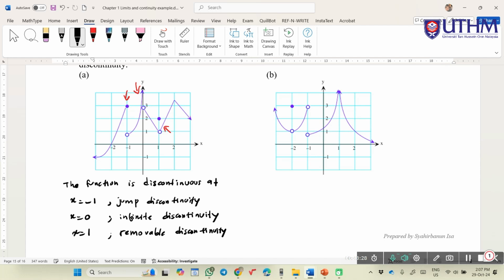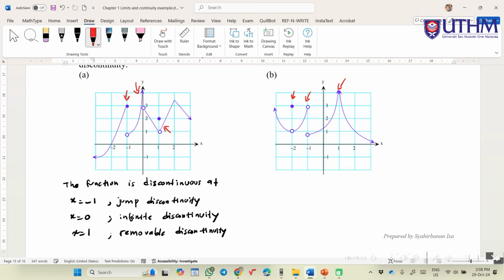And then we need to check example B. For example B, we check one by one. For the first one here, we have a removable discontinuity. Then also here, this is a jump discontinuity. Also at x equals 1, we have an infinite discontinuity.